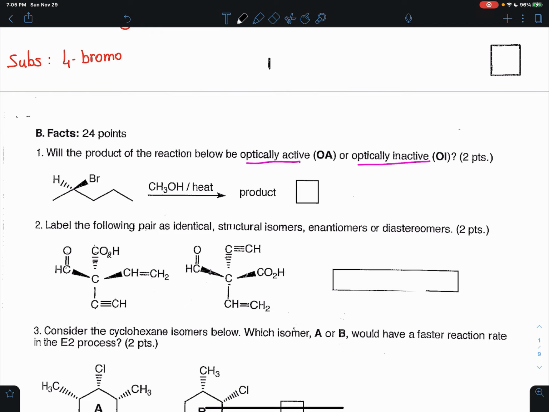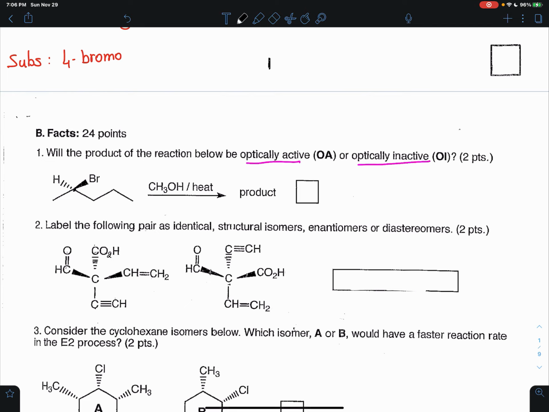The reason is that the leaving group doesn't leave first. However, in SN1, the leaving group leaves, forming a carbocation, and then the nucleophile can attack it from both sides. We'll see that in this example. First, we notice that this is a secondary carbon with a good leaving group, and then we have a weak nucleophile.